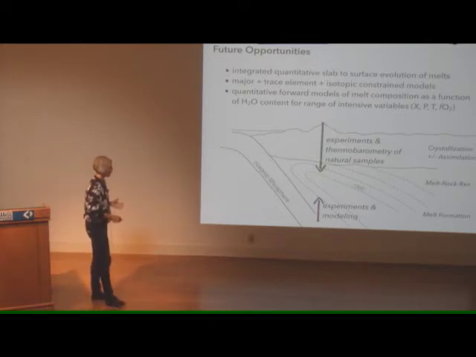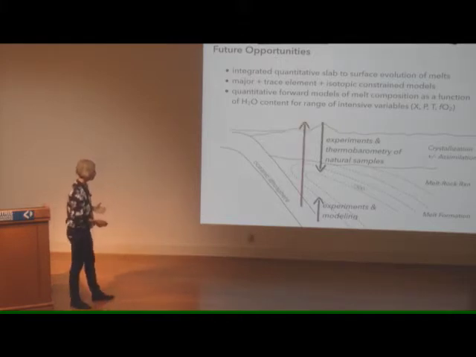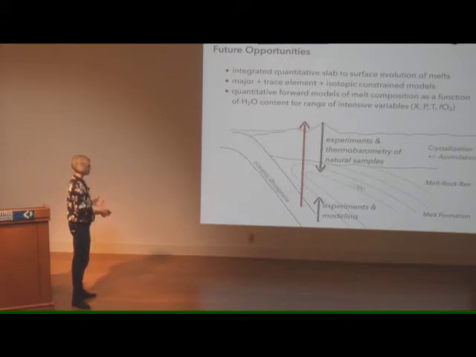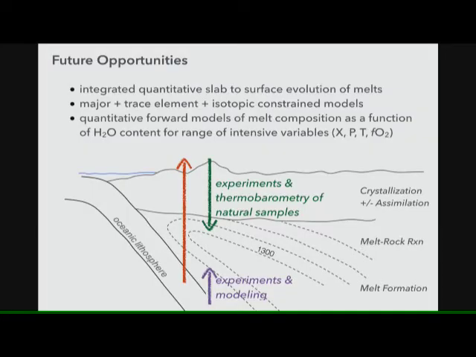The experiments and the modeling I showed you tell us a lot about how they're generated at the base of the wedge. But the opportunity for advancement is really an integrated history from slab to surface for these kinds of samples that tracks major elements, trace elements, and isotopes. We really do need to continue to work on our forward models of melt composition as a function of all these variables, in particular in the presence of water. So I'll leave it there.